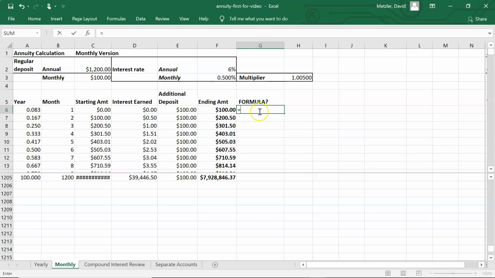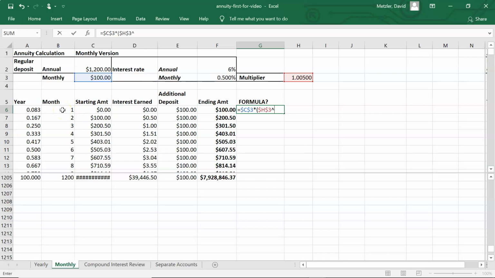Okay, so it's going to be equals. And so it's that A1, so $C$3 times parentheses, very crucial. And then it's going to be the little r, that multiplier, and that's got to have dollar signs too. $H$3 raised to the number of months that this has happened.